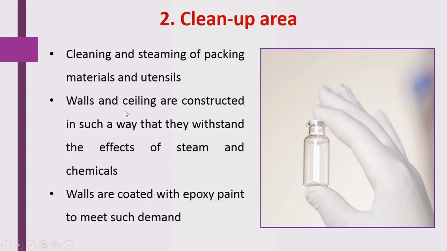So that area is constructed with these properties. When any chemicals are used, they will not react with the wall and produce contaminants, and the walls are coated with epoxy paint to meet such a demand. So epoxy paint is used in this area because cleaning chemicals and the steaming method are used.